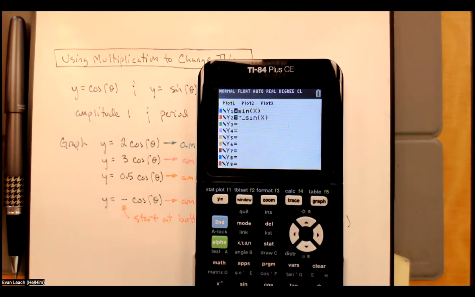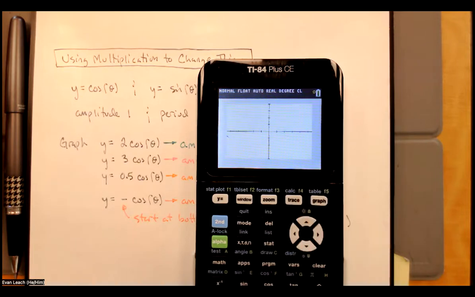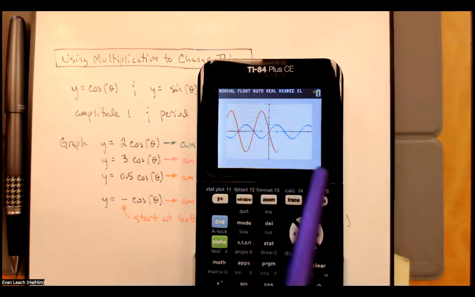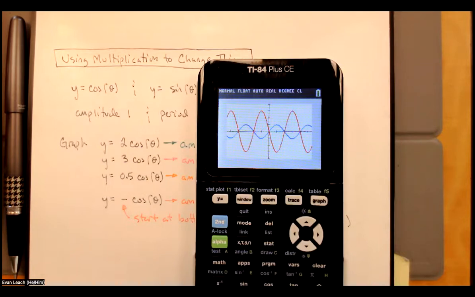What happens if I change the coefficient to a -3? And so we'll see that the amplitude is going to be 3, but instead of starting off at the middle going up, we're going to start off the middle and head down. So the number is changing the amplitude and the sign changes to the opposite of the start.